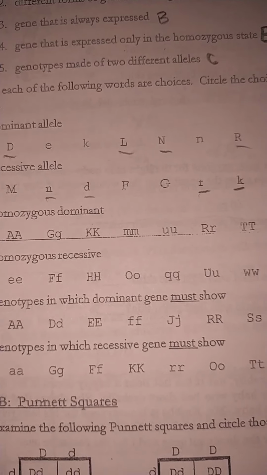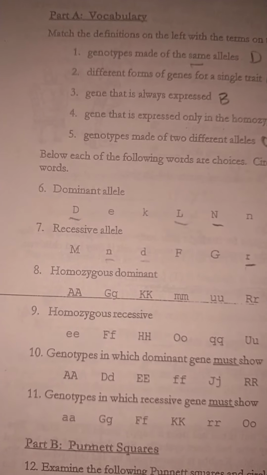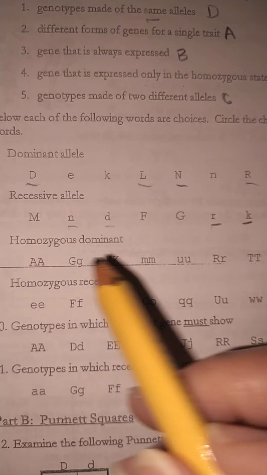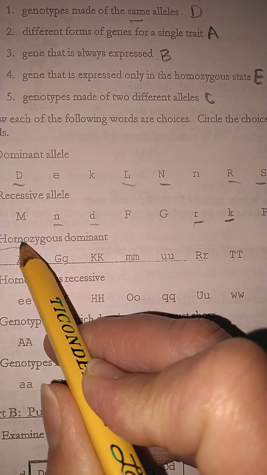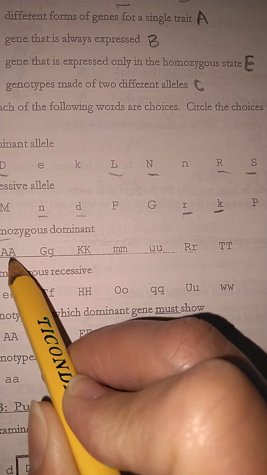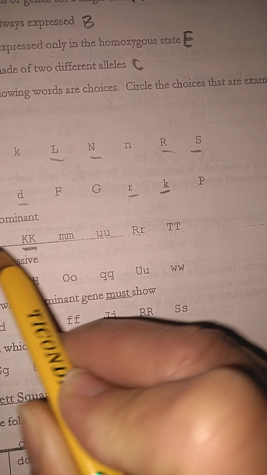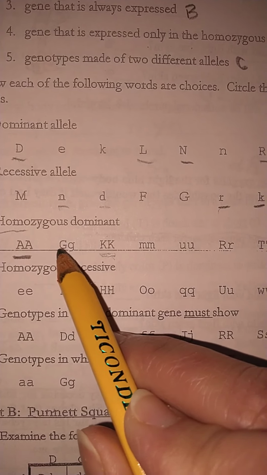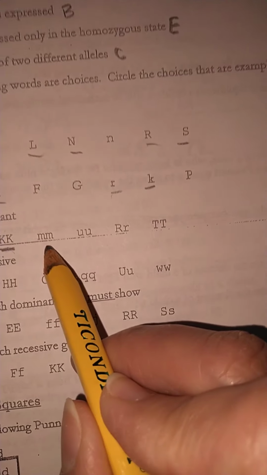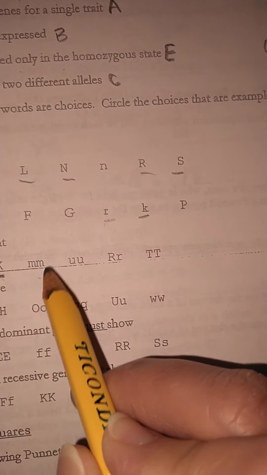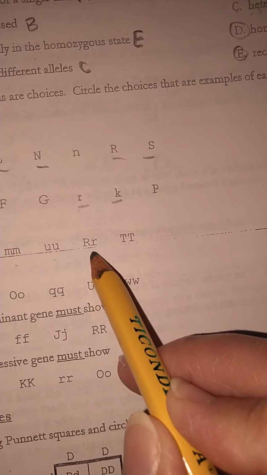Homozygous dominant. Homozygous means they're going to have the same. Homo means same. They're going to have the same letters. And dominant means it's going to be 2 of the uppercase letters. So that one has a dominant allele, but it's heterozygous because they're different. Those are little, so those are recessive. That's heterozygous.